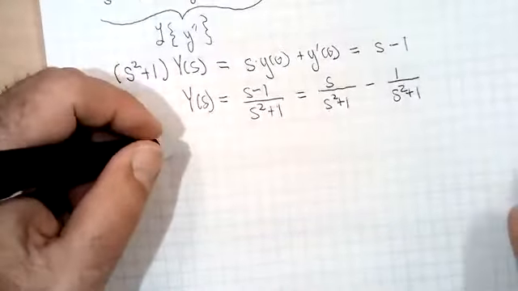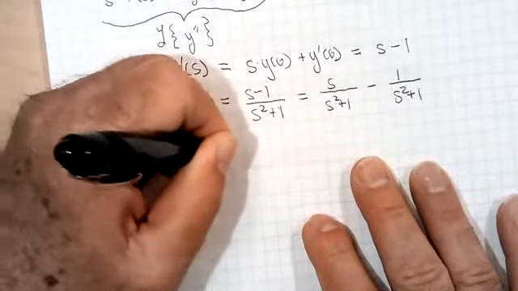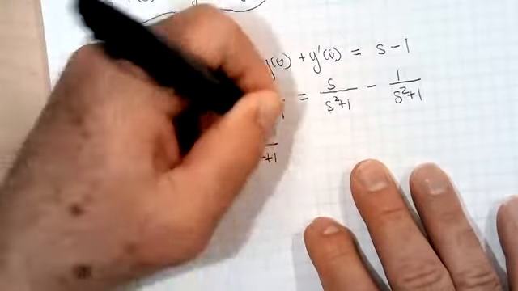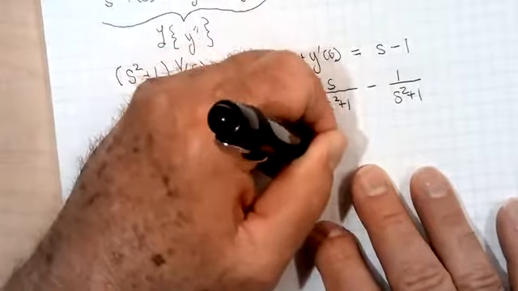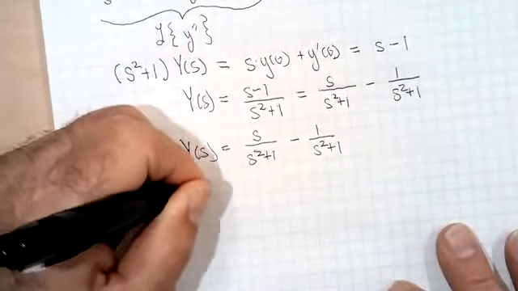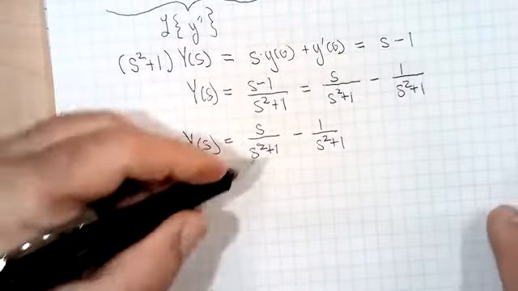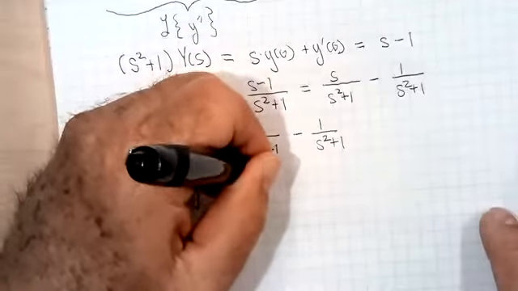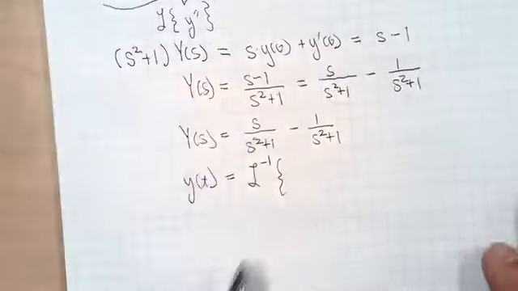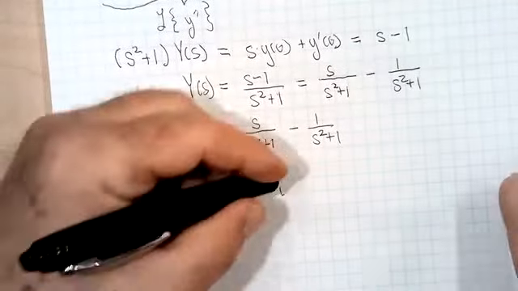So Y at s equals s over s squared plus 1, I'm just trying to clean this up, minus 1 over s squared plus 1. So little y at t is the function that would have this transform. Now, what we usually do, though, is write this. What I'm mostly writing here is just the notation. We say the inverse transform: find the function whose transform is this.